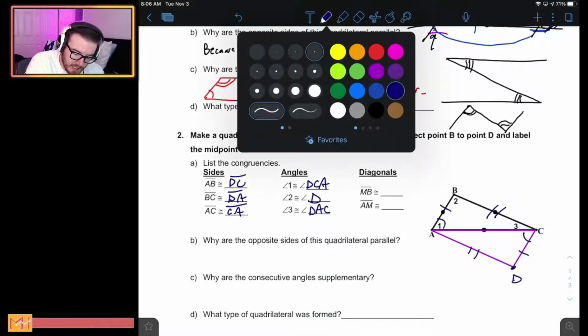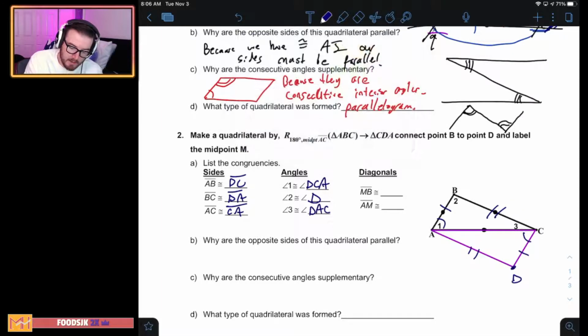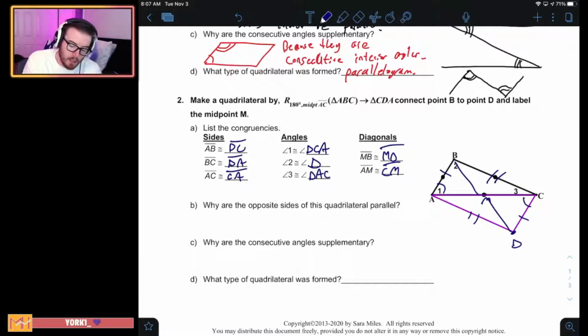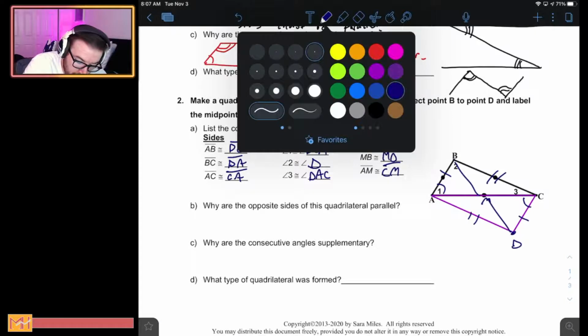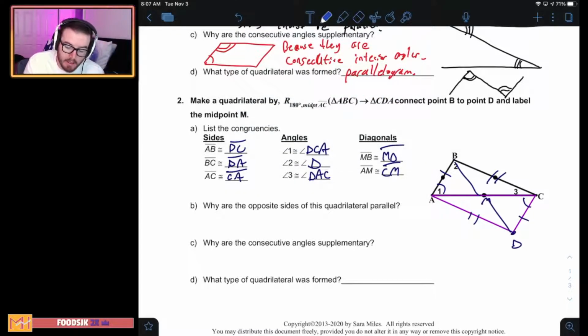And everything we said about the diagonals is exactly the same here. B to M is going to be the same as M to D, and A to M is the same as C to M. Now, what did we end up with here? We end up with a drawing that has similar qualities but doesn't quite look the same.